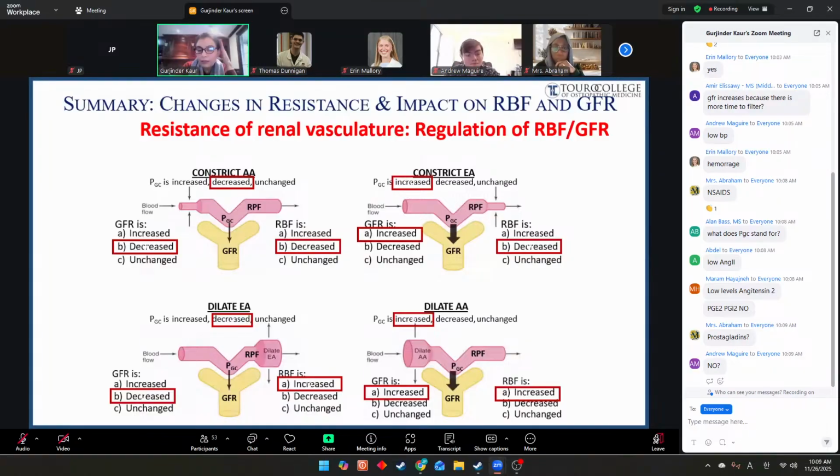So basically, prostaglandins have a very nice effect on both afferent and efferent side. So if you think of this one here, the figure on the left is the same thing basically, but this is the major effect of prostaglandins, which is going to dilate the afferent arteriole and protect your kidneys.